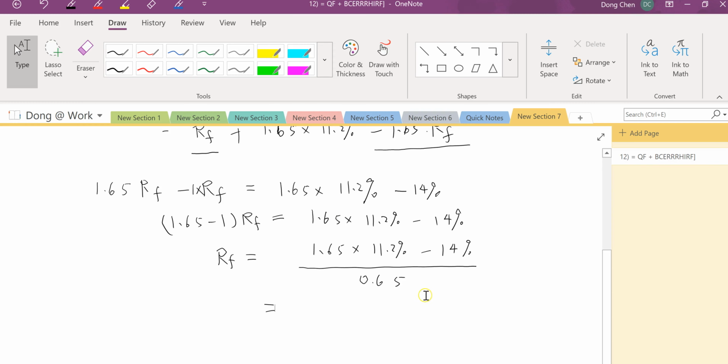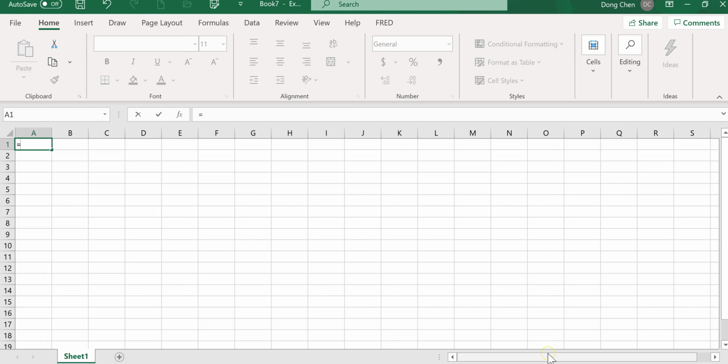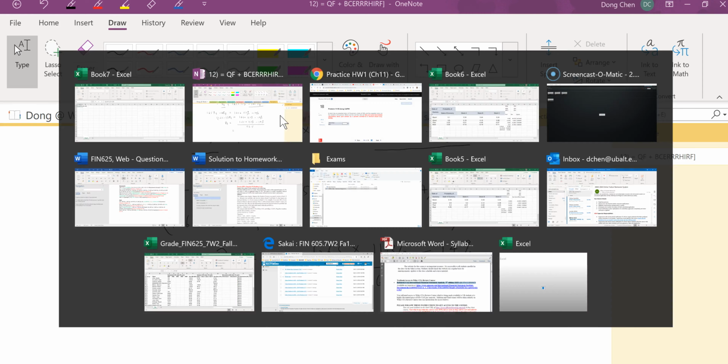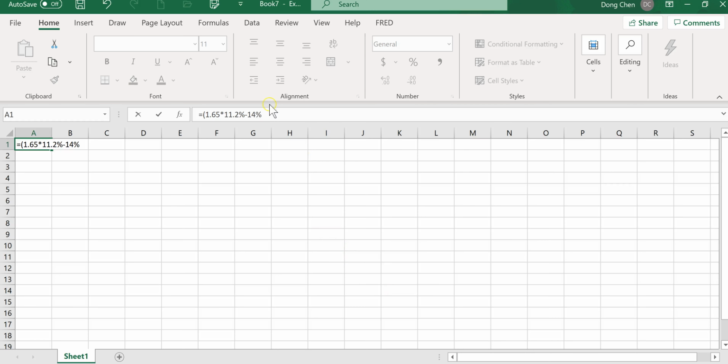I use Excel, so it's equals 1.65 times 11.2% minus 14%. I need to add the parentheses, because I'm going to divide by 0.65. If I don't have parentheses here, Excel will do the division first. So I add parentheses, divided by 0.65.